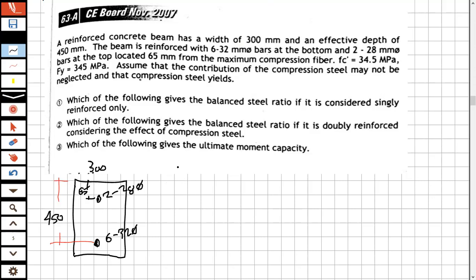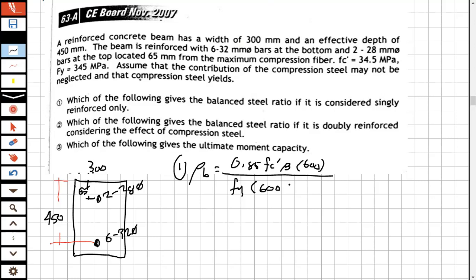So what is the balanced steel ratio? This is easy, only the formula needs to be remembered. 0.85 FC prime, beta, 600, and then you have Fy, multiply by 600 plus Fy.